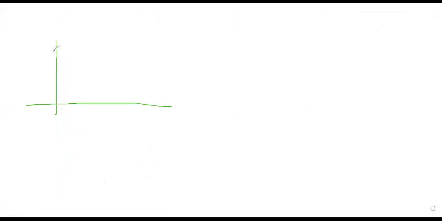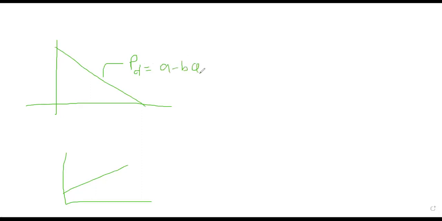Whenever a demand curve is like this, it is an inverse relationship. Whenever it is like that, it is a direct relationship. So this is inverse and this is direct. Demand is given by the formula PD is equal to A minus BQ. The slope is down sloping. So this is what we call our inverse demand.